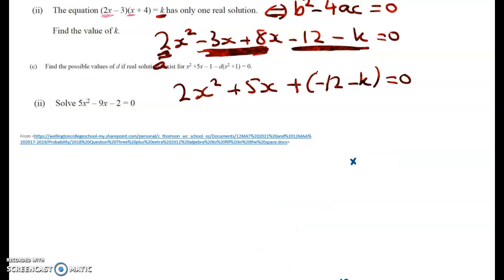So we just work out what the discriminant is. b squared minus 4ac, just checking what I've got here, is equal to 5 squared.